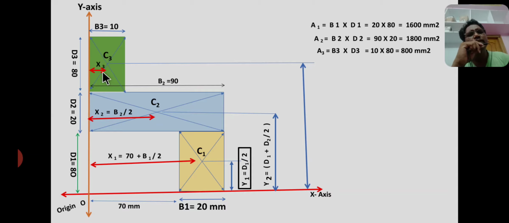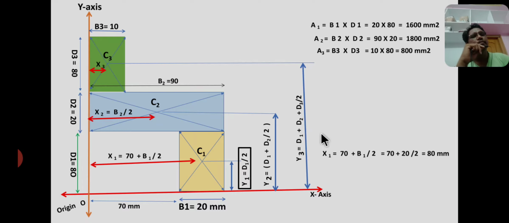The horizontal distance between centroid C3 and the y-axis is called x3, that is base 3 by 2, that is 10 by 2 equal to 5 mm, x3 equals 5 mm. The vertical distance between the centroid and x-axis is called y3, so y3 equals d1, the height of the bottom rectangle, plus the height of the second rectangle, plus half of the height of the third rectangle, that is d1 plus d2 plus d3 by 2.